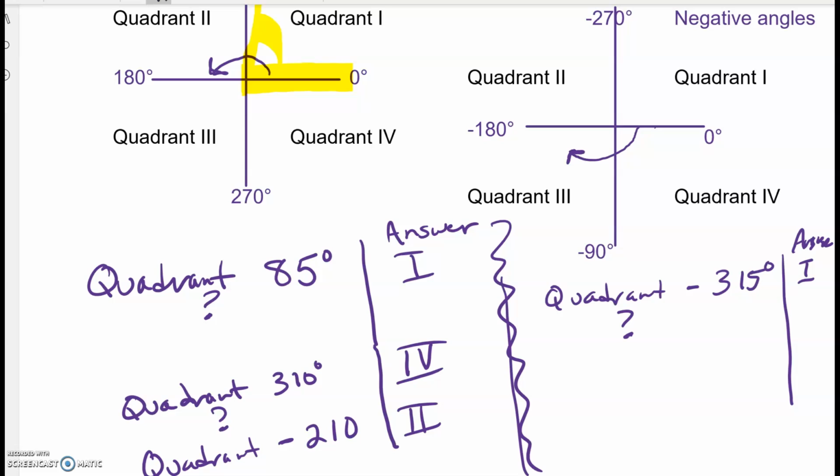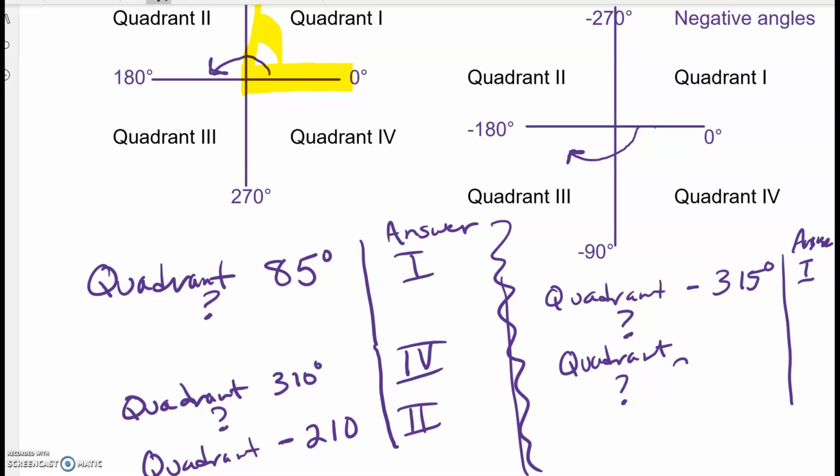Let's find something in quadrant 3. Let's see. You know the answer, but if I wanted to find something that was in quadrant 3, what angle? Anything greater than 180 if I was doing the positive, or less than negative 180. So let's go with positive.